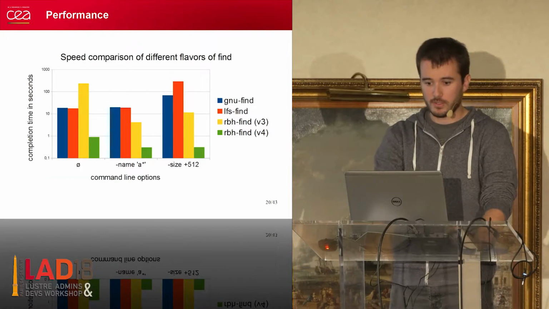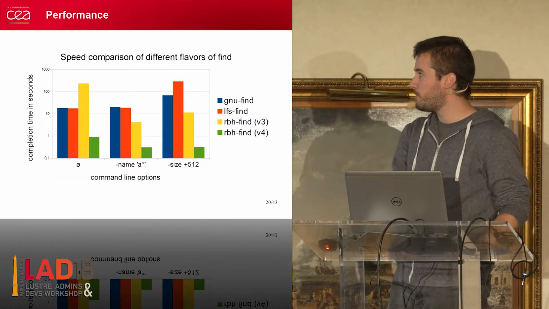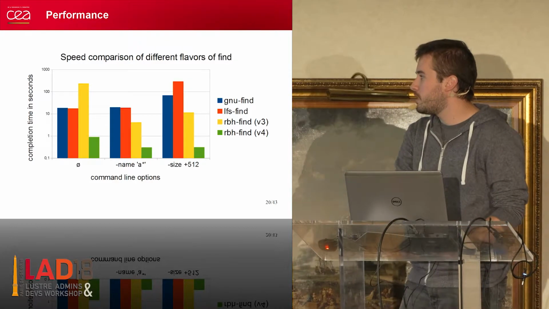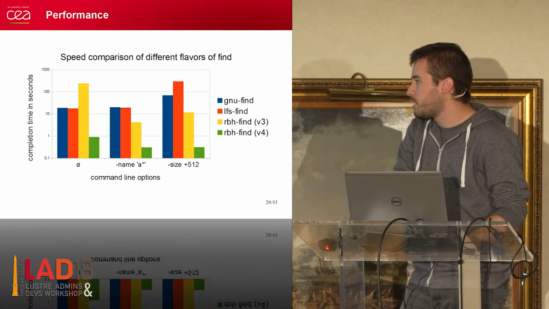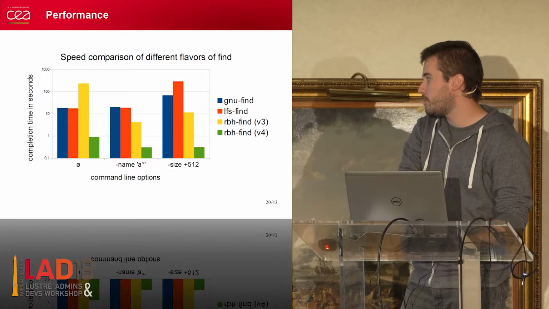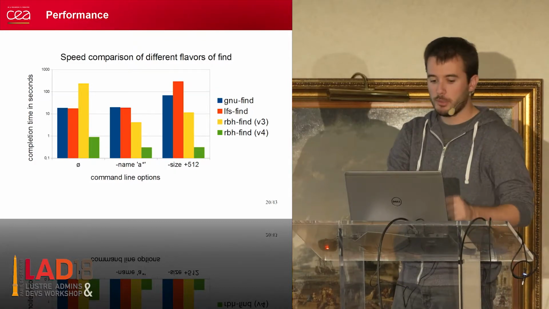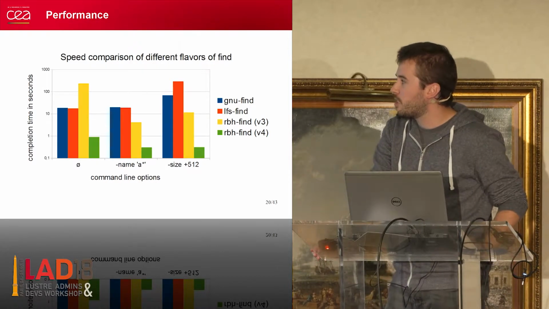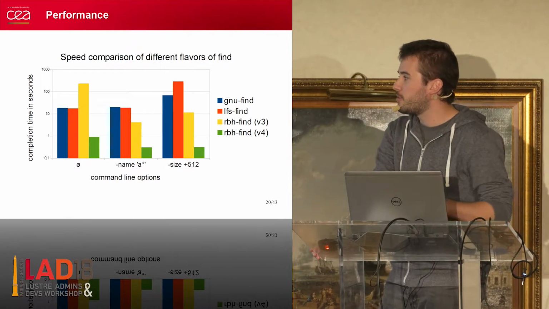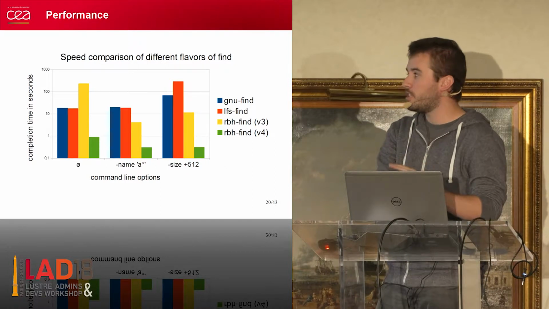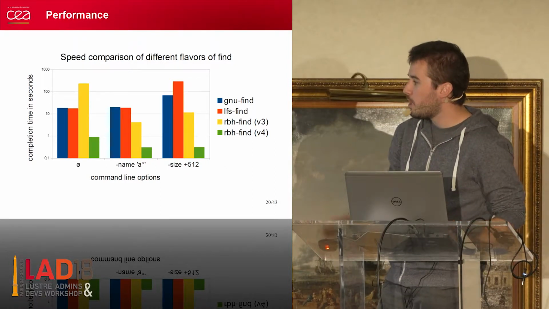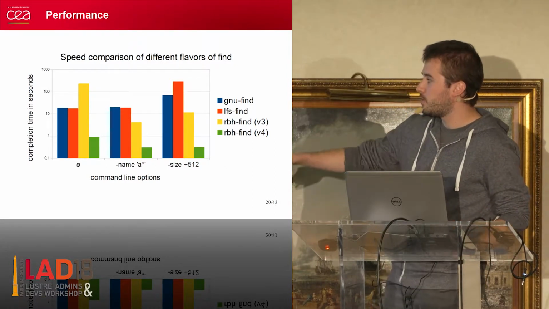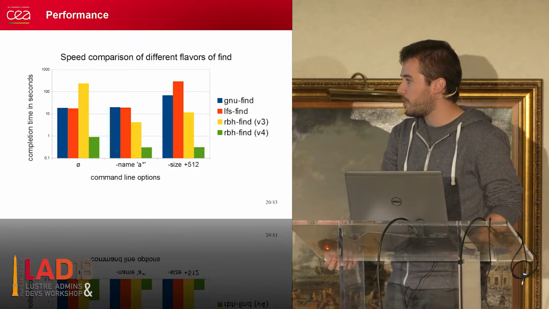So the results are actually great for Robinhood v4. We can see that GNU Find and LFS Find are actually comparable, except in the size. Maybe I should explain the graph. In ordinate, you have the time to completion, and to run my test, I simply ran different flavors of find, with the command line options that you can see on the axis.